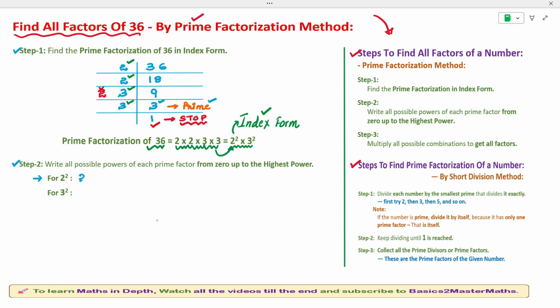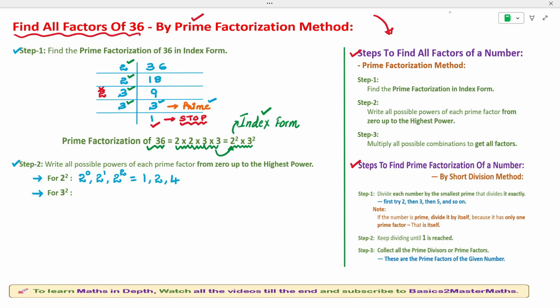They are 2 to the power 0, 2 to the power 1, 2 to the power 2. This gives you 1, 2, and 4.